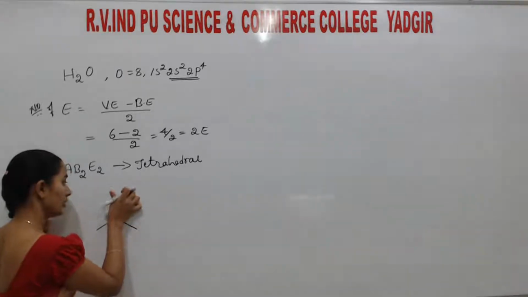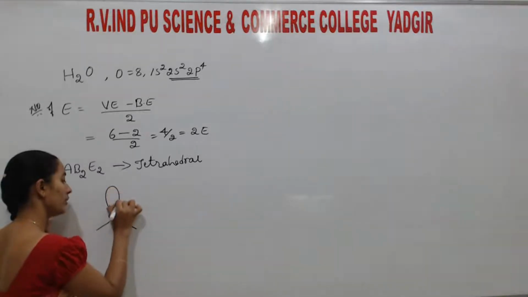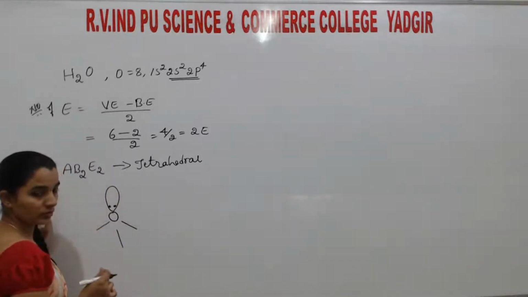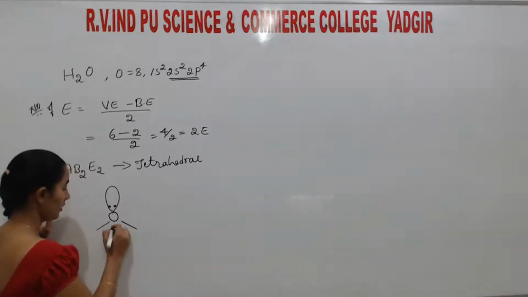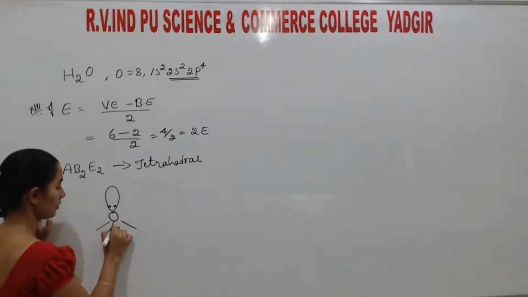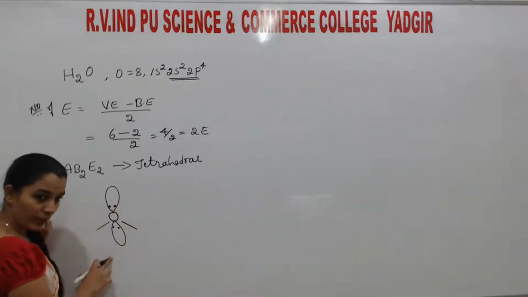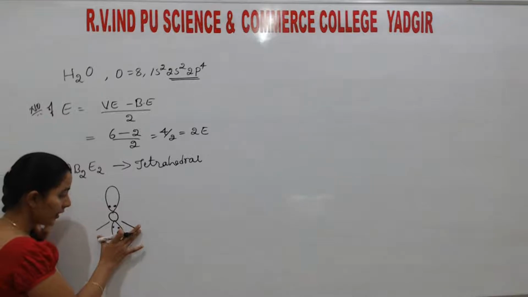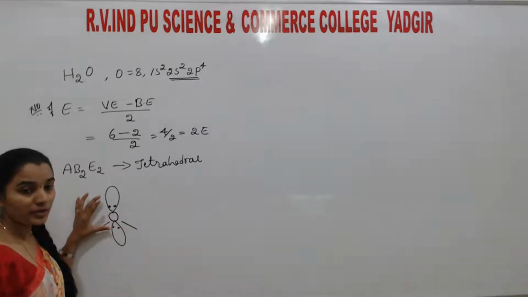Remember, here instead of one lone pair, because there are 2 lone pairs, another lone pair is here. There is more repulsion here.